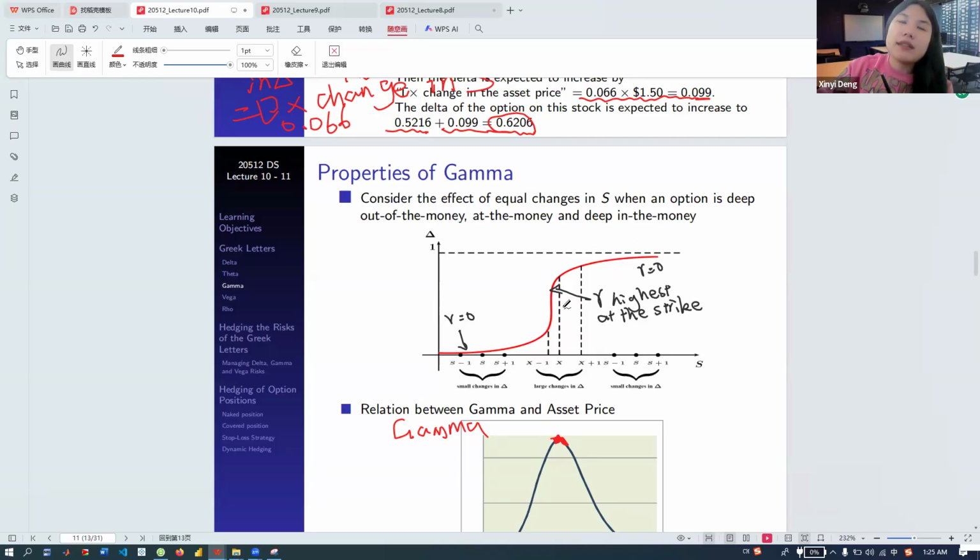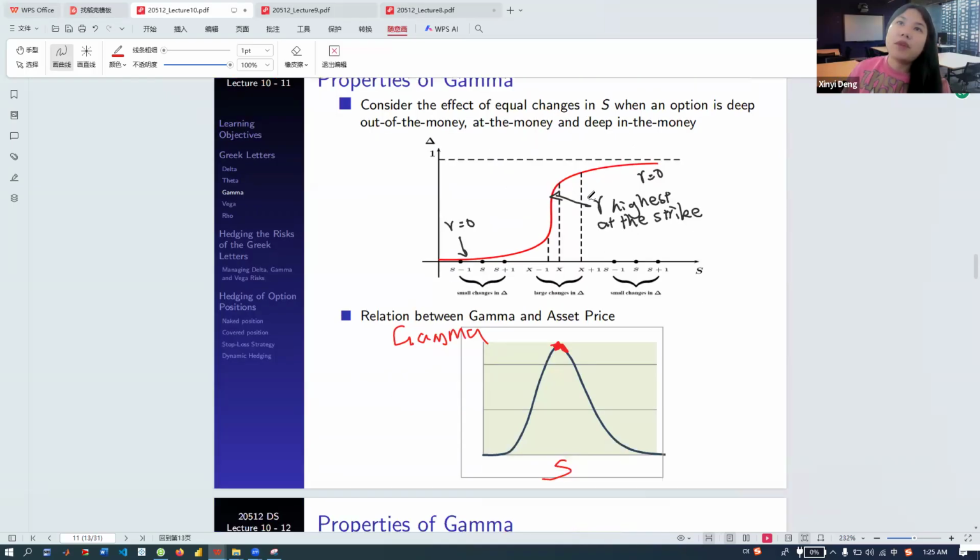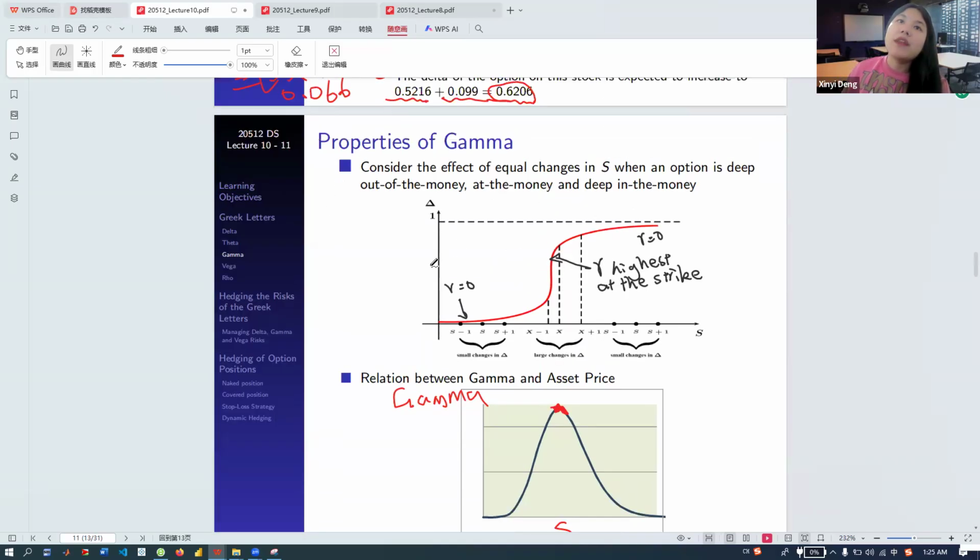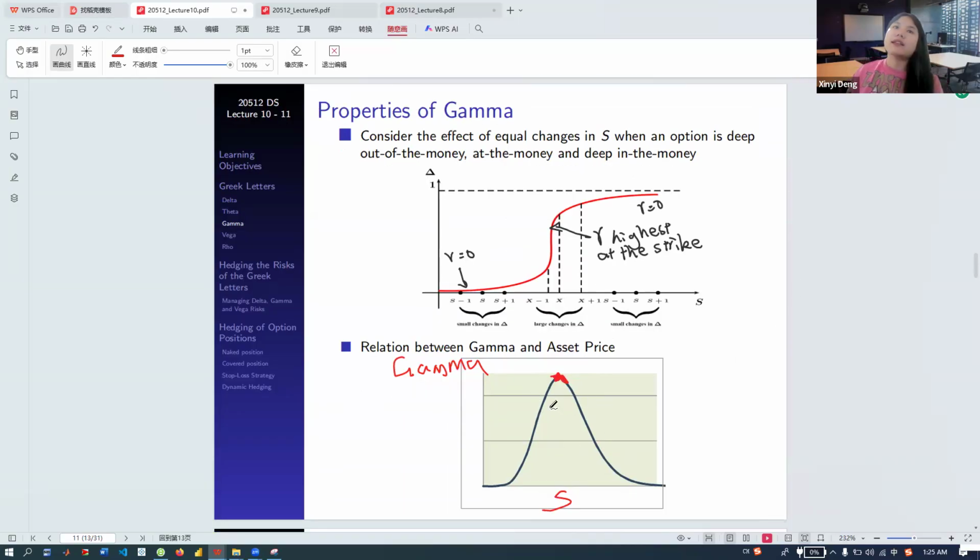From both the top figure and the bottom figure, one plotting delta against S, the other plotting gamma against S, we can see that gamma is approximately 0, since those slopes are approximately 0 when the options are deep out of the money and deep in the money.